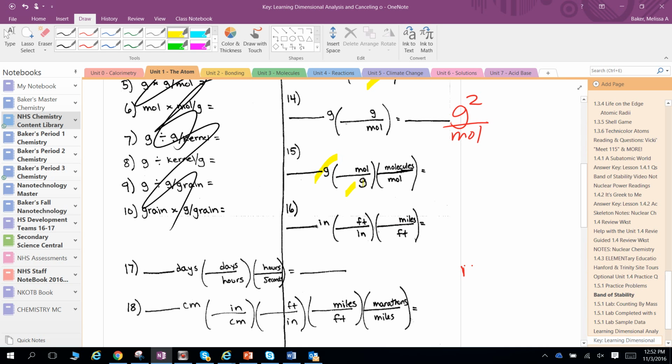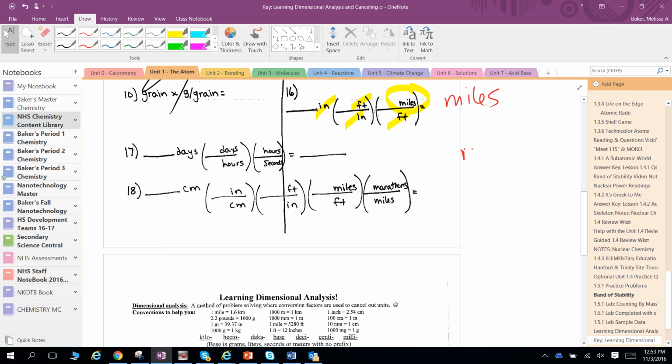15, we can do some canceling. Grams over grams, moles over moles, and we're left with molecules. Number 16, inches over inches, feet over feet, and we're left with miles. Number 17, something doesn't look right here.